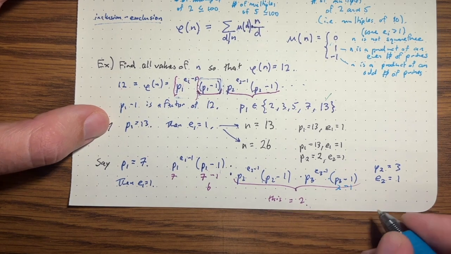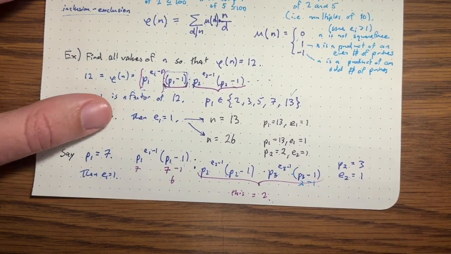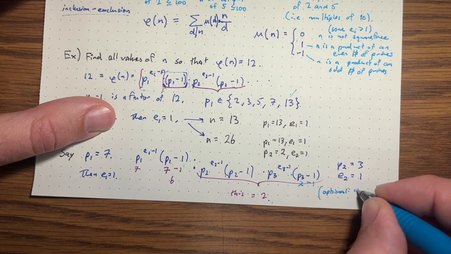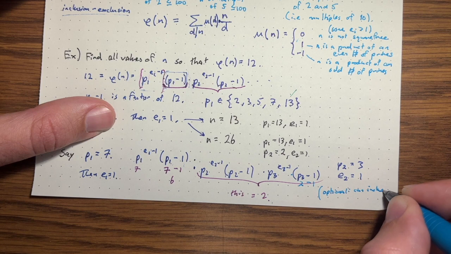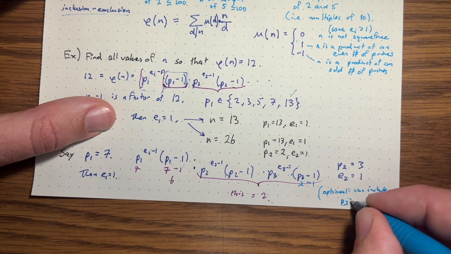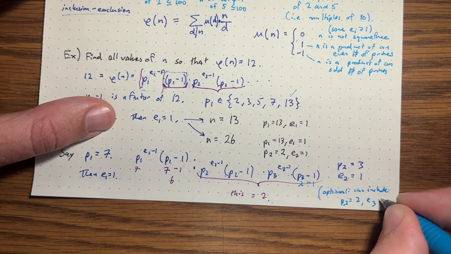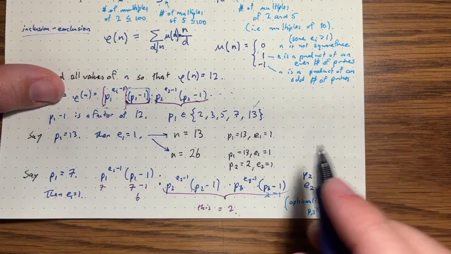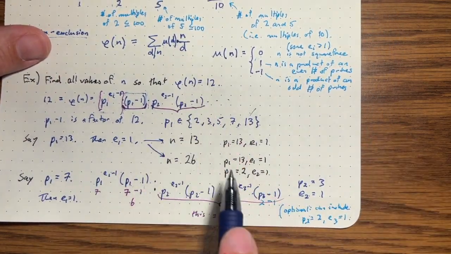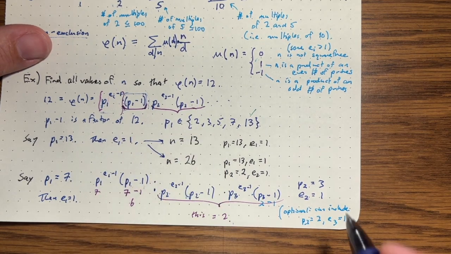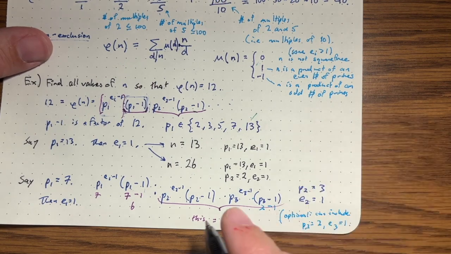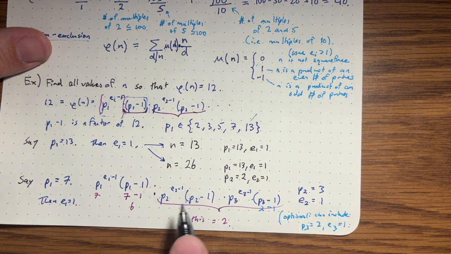But then again, this is optional. We can include P3 to be 2 and E3 to be 1. So already we've produced 2 more values of n. We're actually getting a lot of different values of n that have this Euler Phi function equal to 12. What are these values? Let's try to keep track of them.